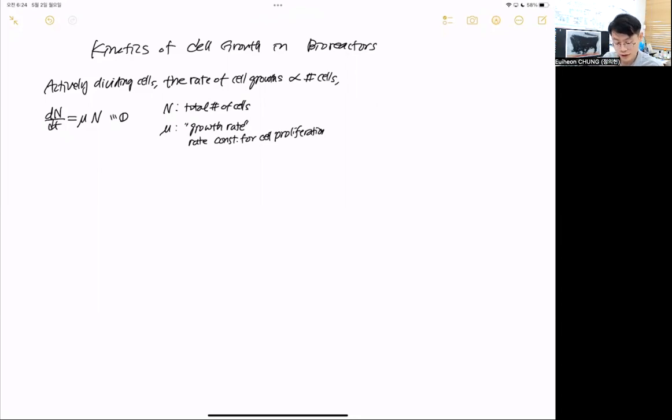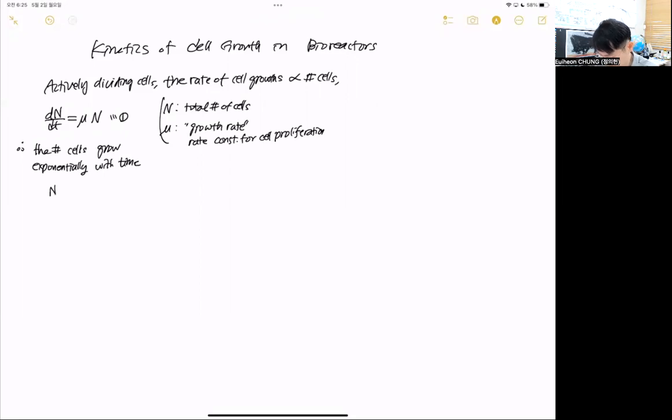So then you can solve this equation. When you solve this differential equation, the number of cells will grow exponentially with time.